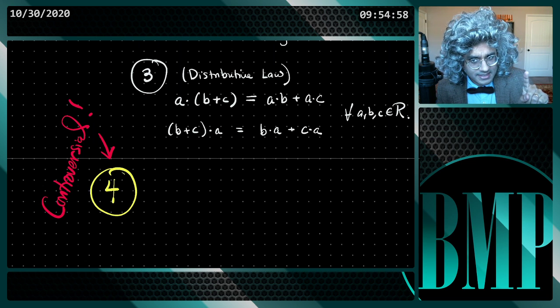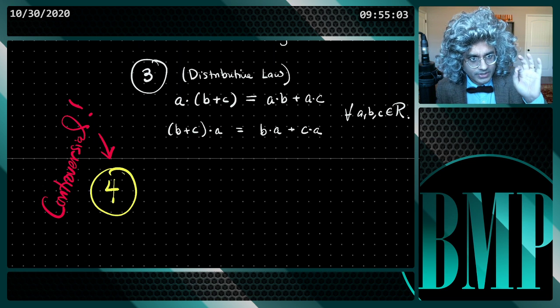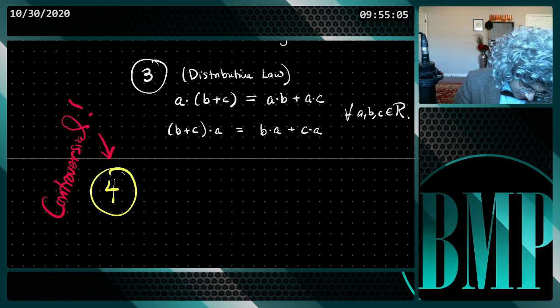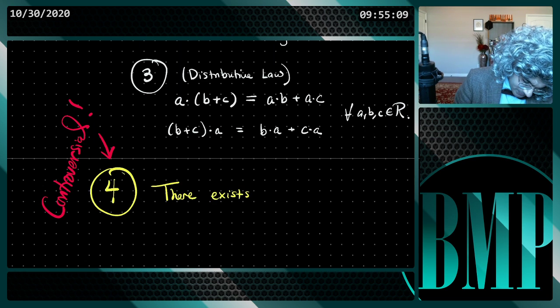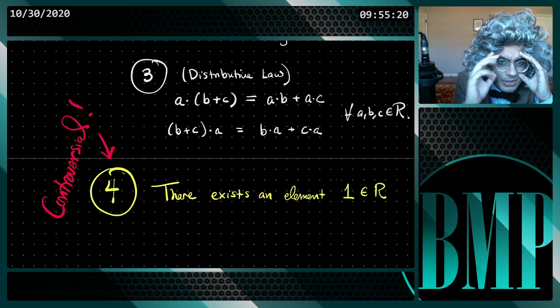There exists a multiplicative identity. Again, symbol. We're just going to use the symbol 1.